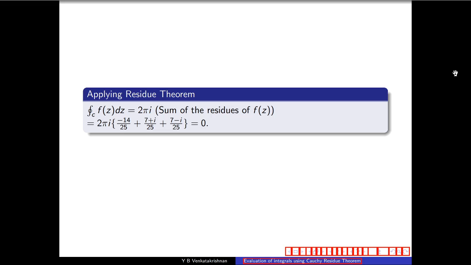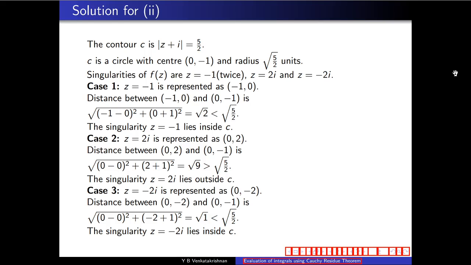Therefore the value of the integral over C of f of z dz is equal to 0, even though I have three singularities inside C, namely mod z is equal to 3.